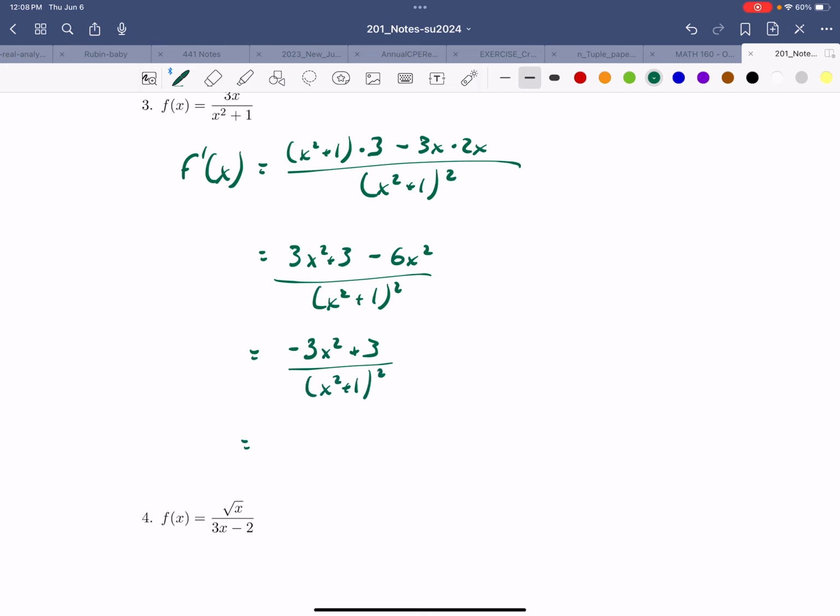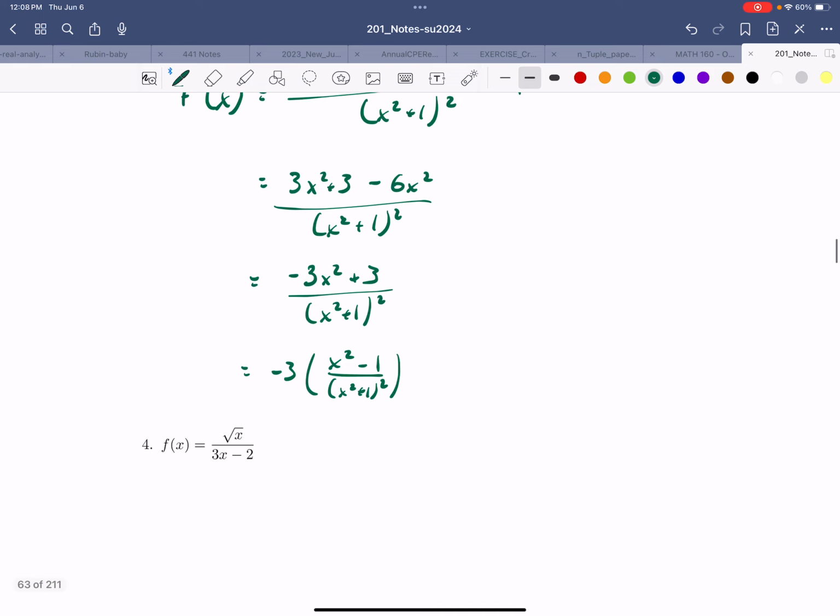And then you could factor out a negative 3 if you want. You get negative 3 times x squared minus 1 over x squared plus 1 squared. You can't really simplify it any more than that, can you? Can't really factor anything. So that's what we've got.